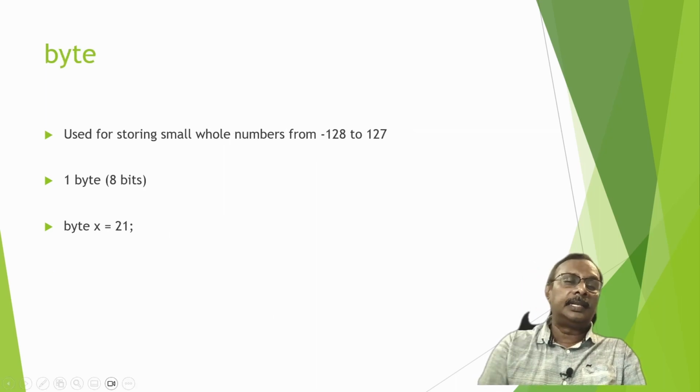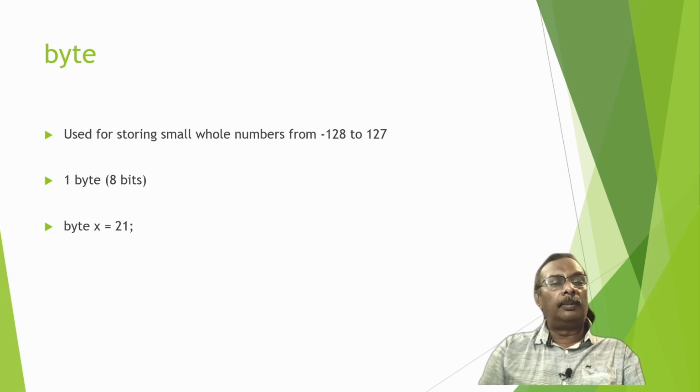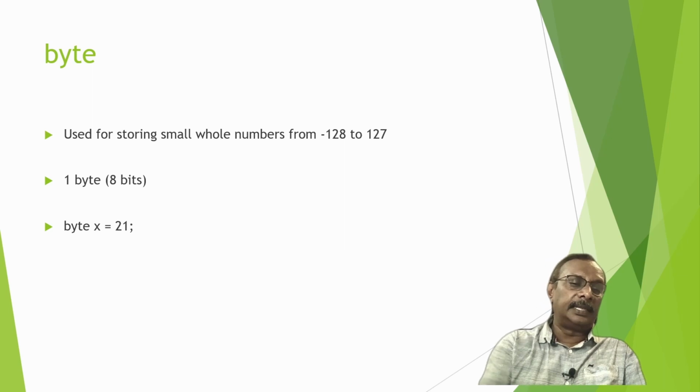And then there is another data type called byte. This byte is used for storing small whole numbers from minus 128 to 127. So it's a 1 byte data type, and byte x equal to 21.